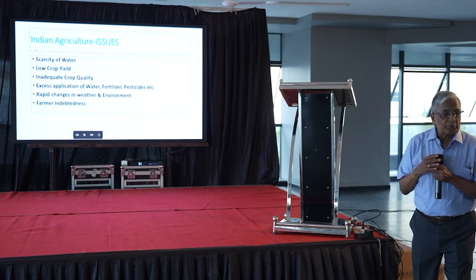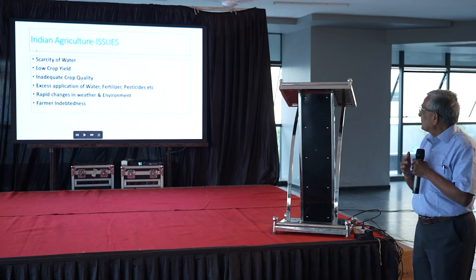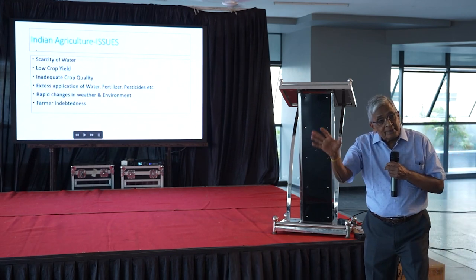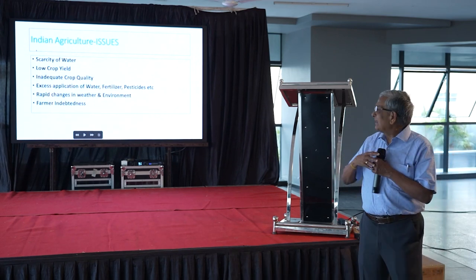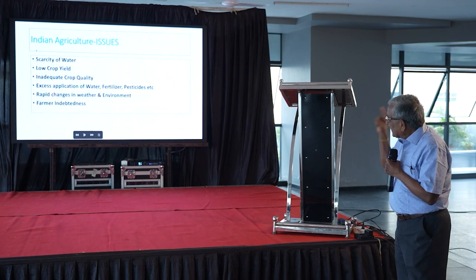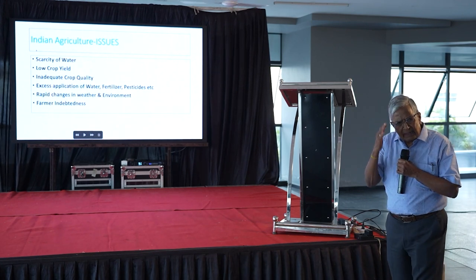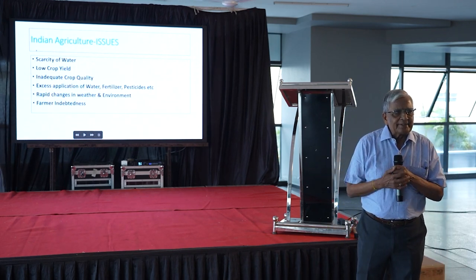So what are the issues? Scarcity of water, low crop yield, inadequate crop quality. Quite a bit of our crops we are not able to export because of pesticide problems. And we use excess water, fertilizer, everything. And there are rapid changes in weather and environment, not what it was 10 years back.